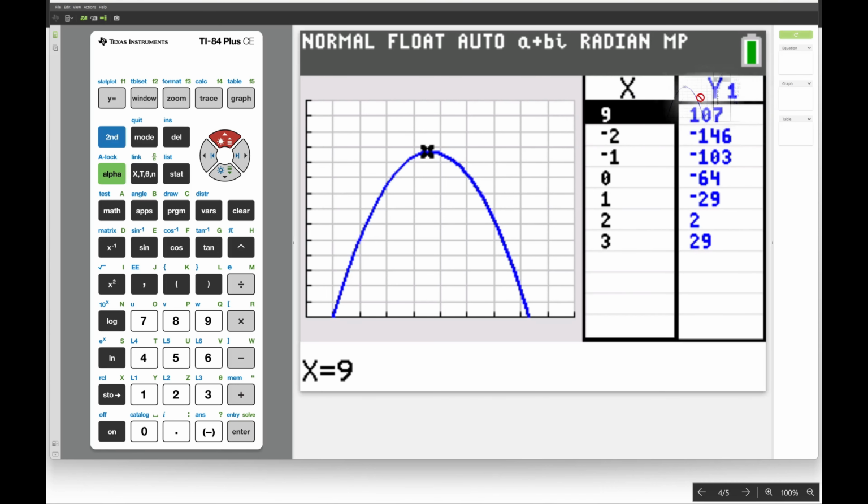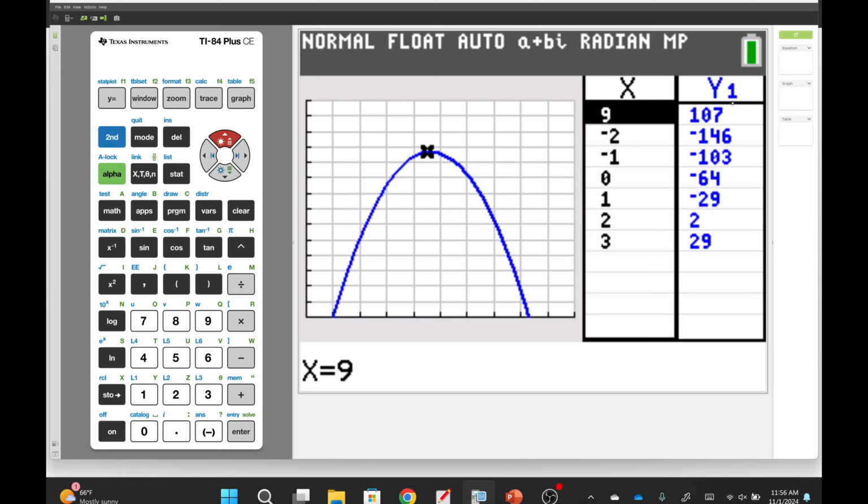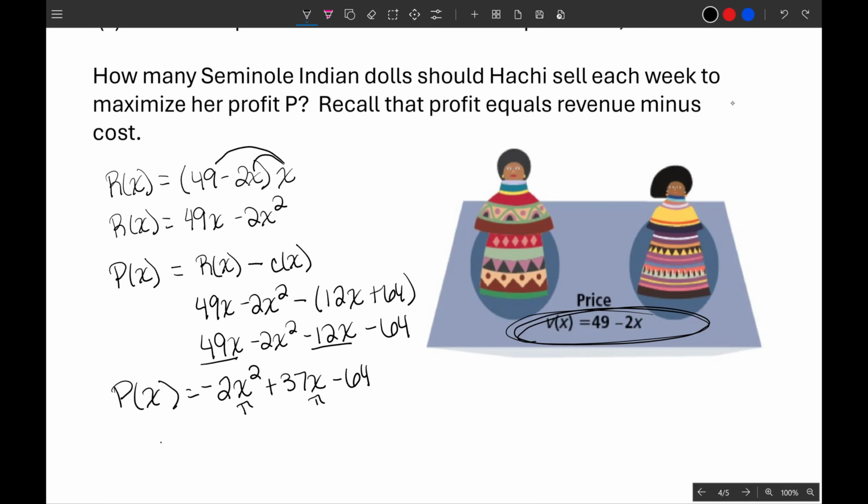All right, so I know that if I sell 9 dolls in a week, notice they said each week, 9 dolls each week, so per week, I will have a profit of $107.